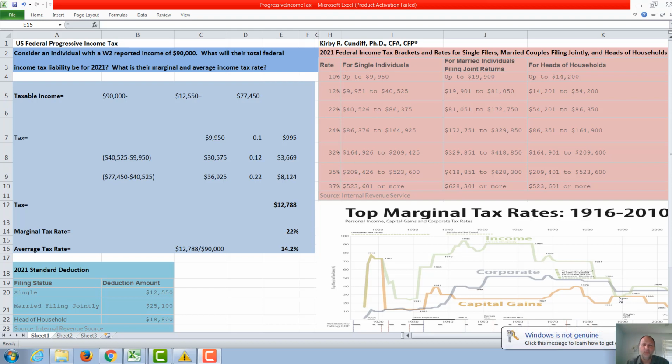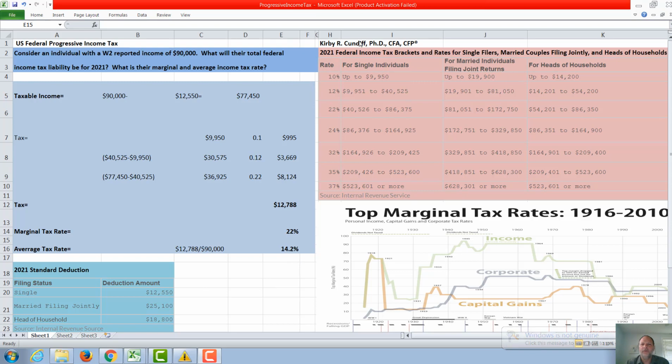Since then, Bush 1 broke his famous read my lips, no new taxes pledge and increased the top marginal rate. Top marginal rates were also increased by Clinton, Obama, and currently the Biden administration wants to increase the top marginal rate as well as the capital gains tax rate and the corporate tax rate.